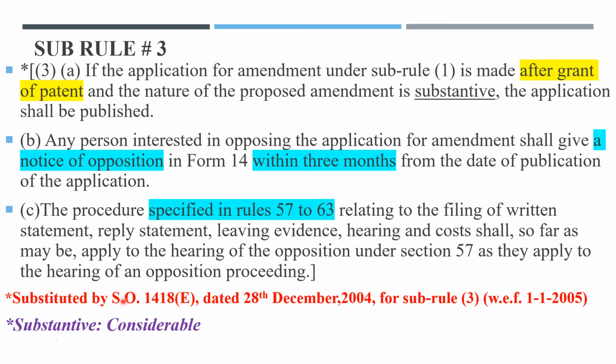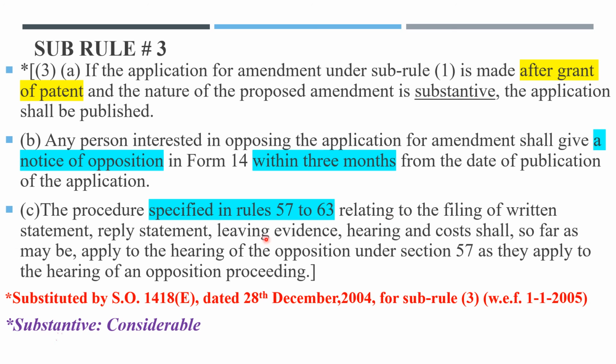As they apply to the hearing of an opposition proceeding. That we already discussed. Fine. So, please refer to rules 57 to 63 of the Patents Rules 2003, and please refer to form 14 which talks about the notice of opposition. Okay, so I hope it is pretty clear now.